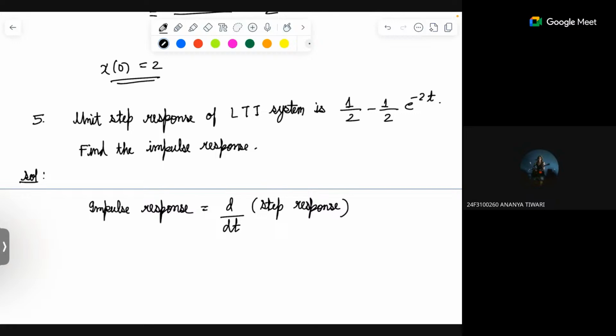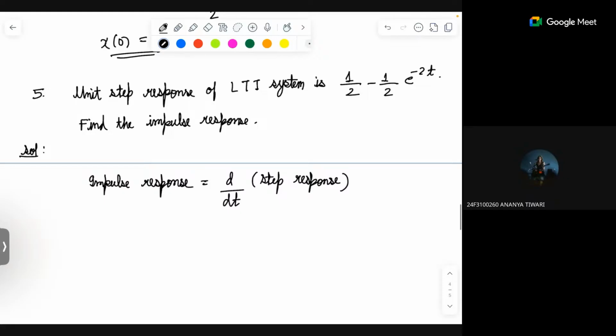Similarly, impulse response means I apply an impulse signal to the system and the output that I get is called impulse response. And we know this relation that impulse response is the derivative of step response, or step response is the integral of impulse response. So here step response is given, so we will differentiate it to get the impulse response.